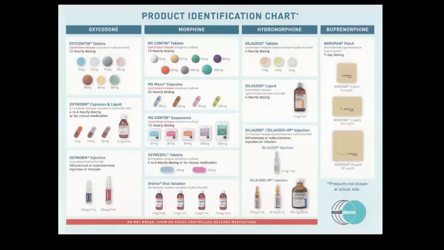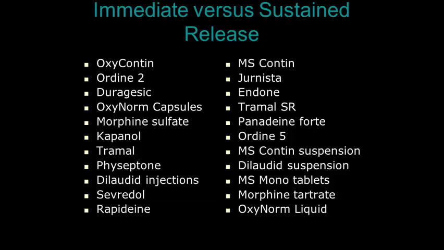So this company uses Contin to designate that it's a sustained release product, but the makers of Tramadol call Tramal the immediate release form and Tramal SR the sustained release form. So you need to get familiar either with the products or with looking up MIMS to check whether the product is short-acting or long-acting. If it says it lasts 4 hours, it's immediate release. If it says it lasts 12 hours, it's sustained release.